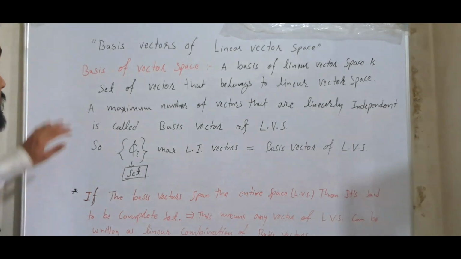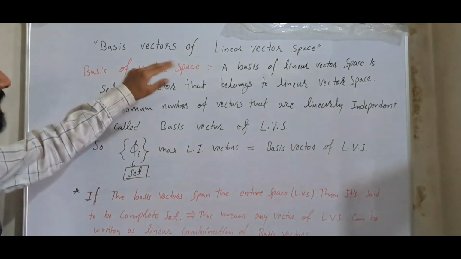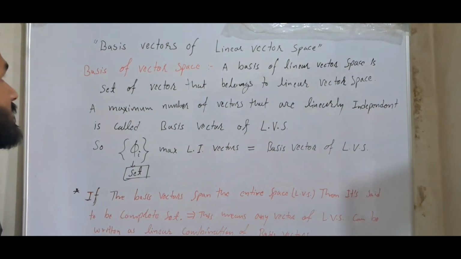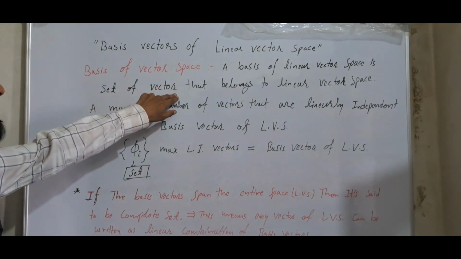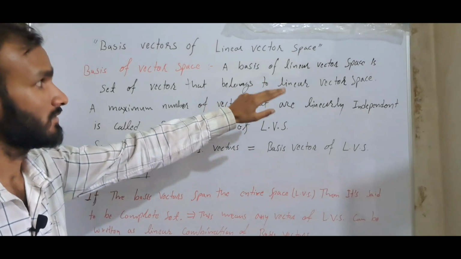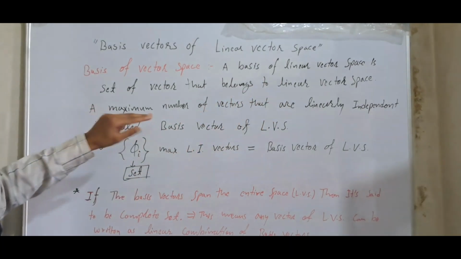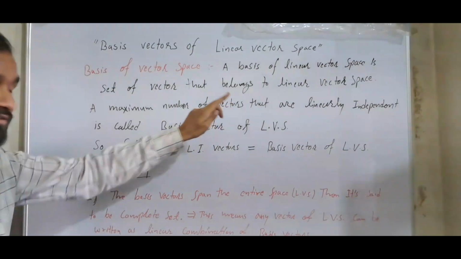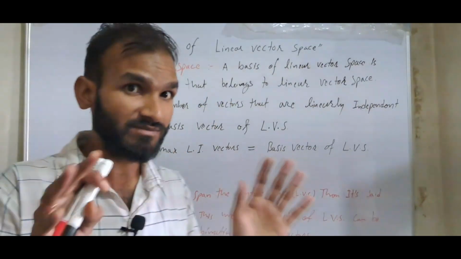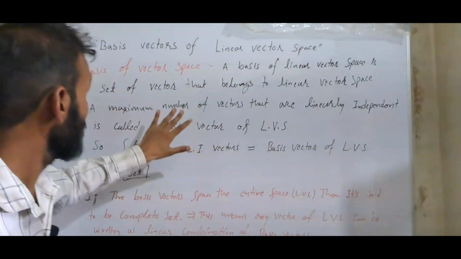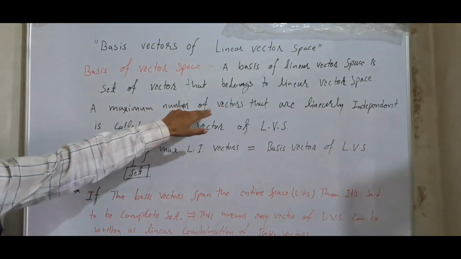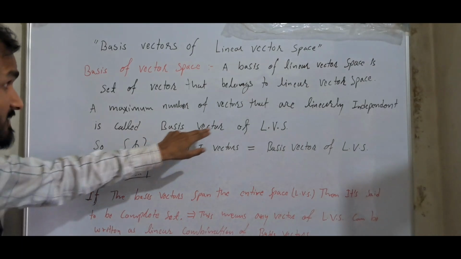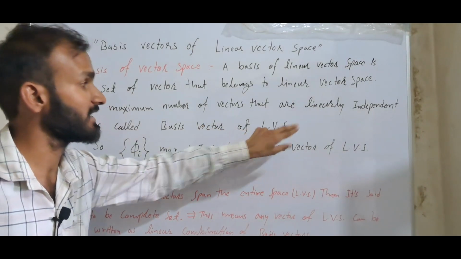Now let's talk about the basis of a vector space. A basis of a linear vector space is a set of vectors that belongs to the linear vector space. For that, this is the condition: a maximum number of vectors that are linearly independent is called a basis of the linear vector space.